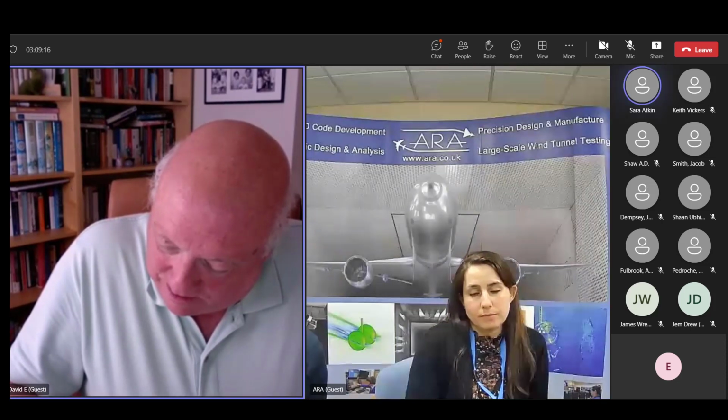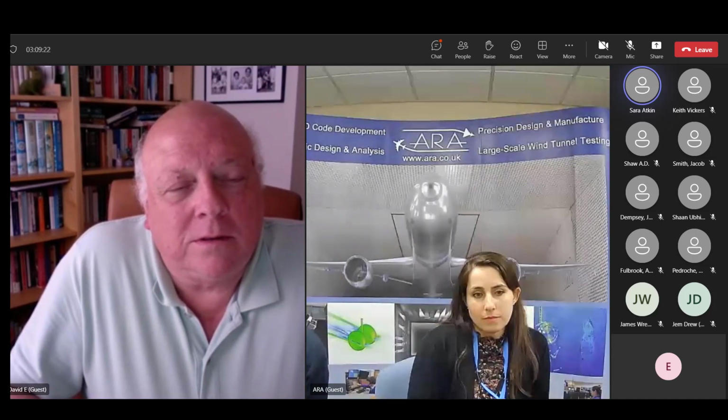Okay. I've got a further question from Jacob. Is the temperature correction method still valid once the model is bolted to the load cell and thus acting as a heat sink and changing the temperature gradients? Yes, I think that is a good question and something that we will be looking at. But I think the methodology would just need to be extended slightly if necessary.